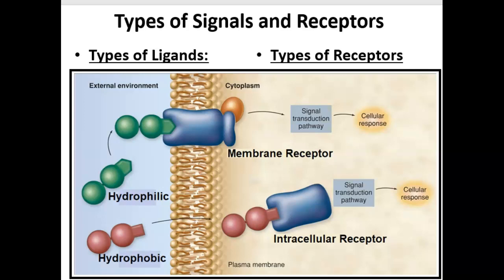For a ligand to reach an intracellular receptor, it must be able to cross the cell membrane. Therefore, only hydrophobic ligands, a lipid or steroid, bind to an intracellular receptor. Ligands that are hydrophilic do not cross the membrane, and they will bind to cell surface receptors.